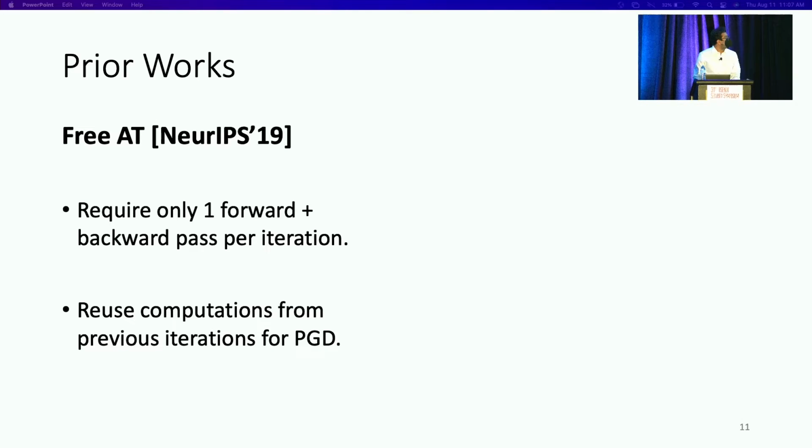So some prior works have looked at ways to reduce the overhead of adversarial training. First, we have free adversarial training, which approximates the process of adversarial training in such a way that you only need a single forward and backward pass per training iteration. Roughly how they do this is by reusing the computations across successive training iterations for the PGD attack.